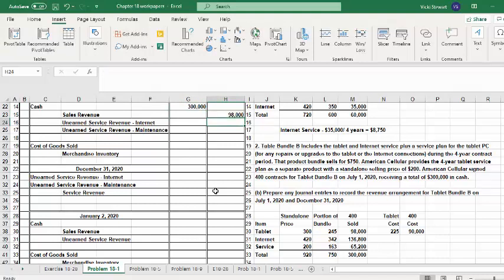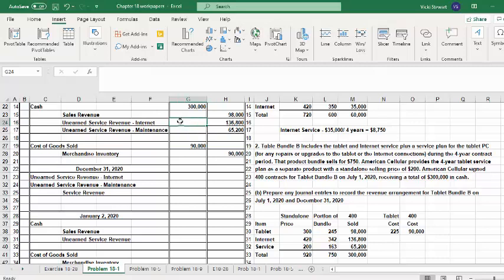We would credit unearned service revenue, internet, for $136,800, and we would credit unearned service revenue for the maintenance contracts for $65,200. We would debit cost of goods sold for $90,000, and credit merchandise inventory for the same amount.